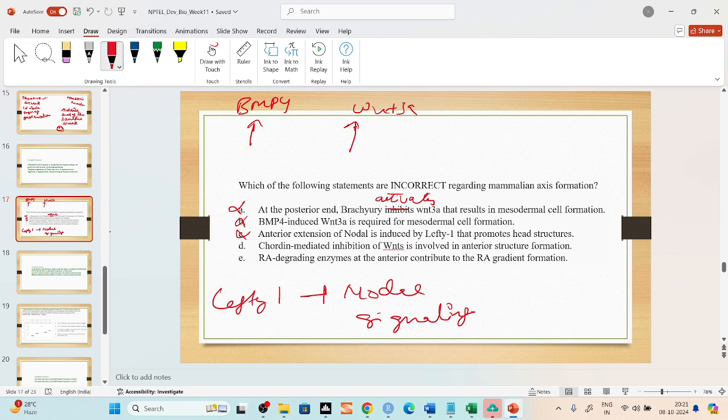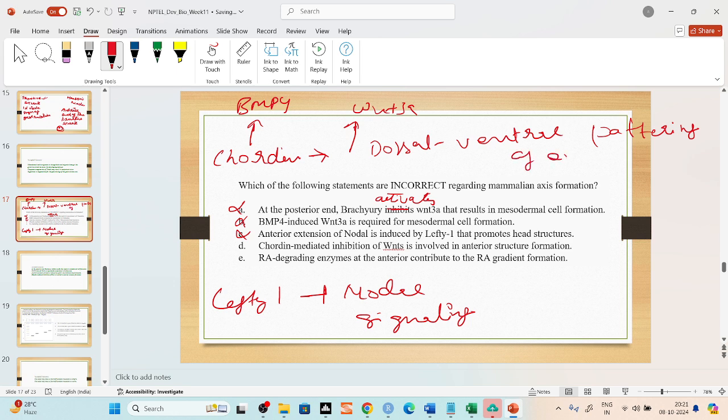Chordin is basically a protein which is involved in the dorsal ventral patterning of the embryo.